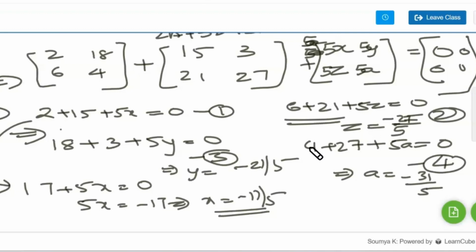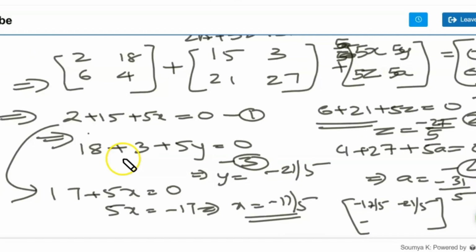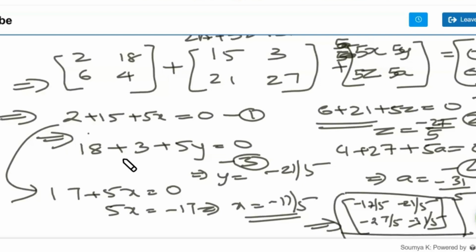So the resulting matrix will be like this: -17 by 5, and next should be -21 by 5. Next will be the replacement for z, it will be -27 by 5, and here you can see a. So this is how you have written your original matrix. This will be the resulting matrix. So this is clear to you.